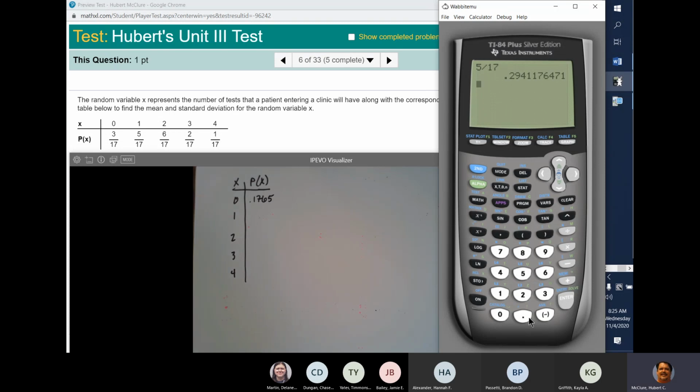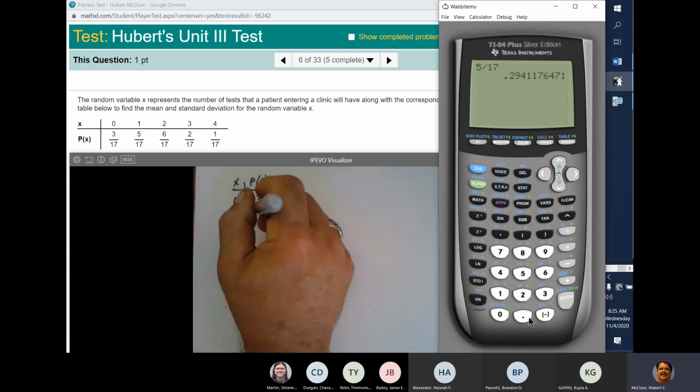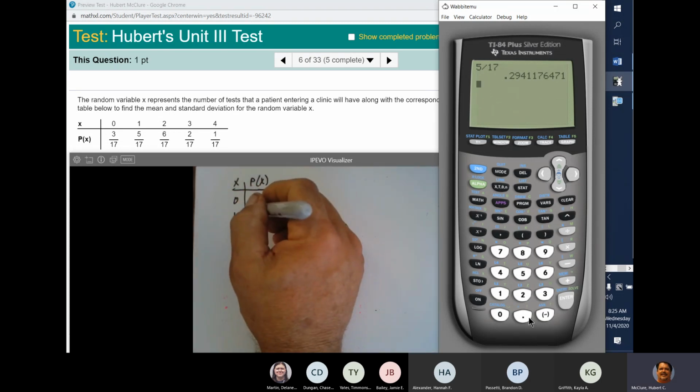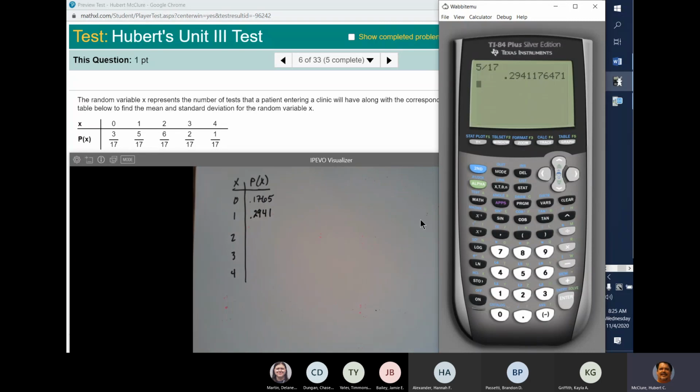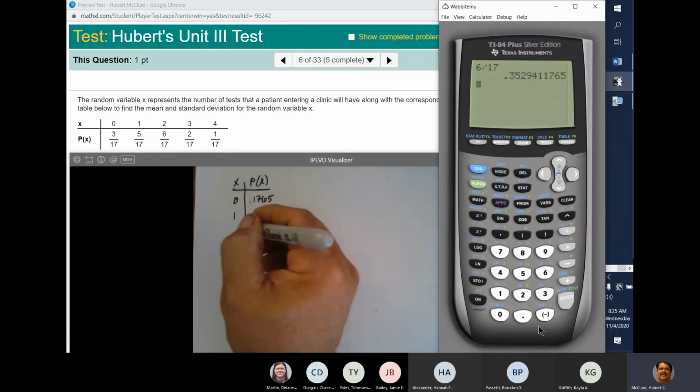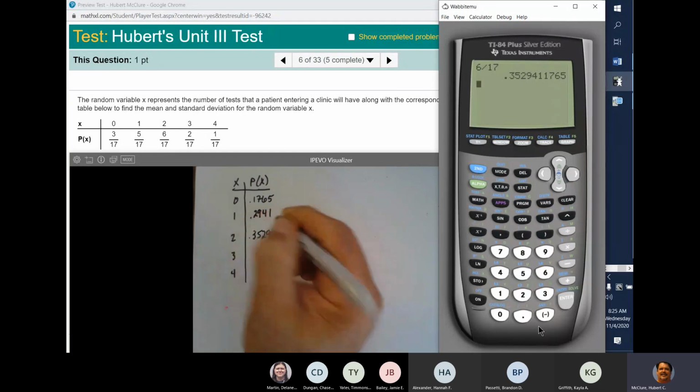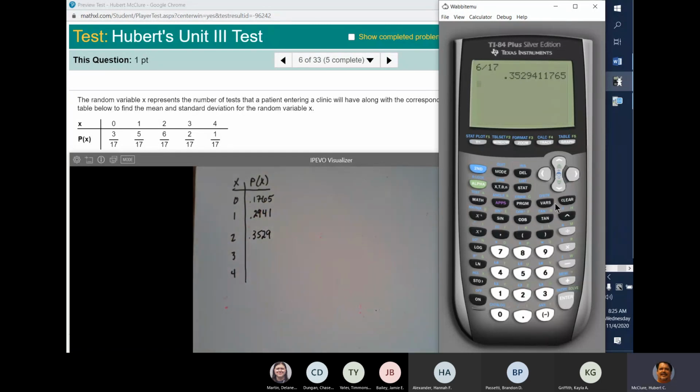Now, while you're also doing this, you want to make sure all of them are between 0 and 1, which so far they are. 0.2941. 6 divided by 17 is 0.3529. 2 divided by 17 is 0.1176.